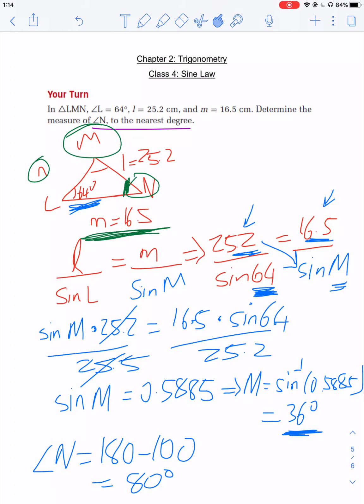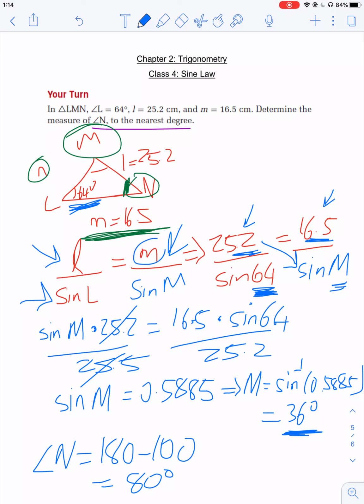It's just a question of finding the right ratio. So always start with the ratio of an angle and a side if you know both of them. So I started with l over sine of L because I know what small l is. I know what my angle L is. So this is my starting point, okay? And then, the second ratio, make sure that you know one of the terms in your second ratio.